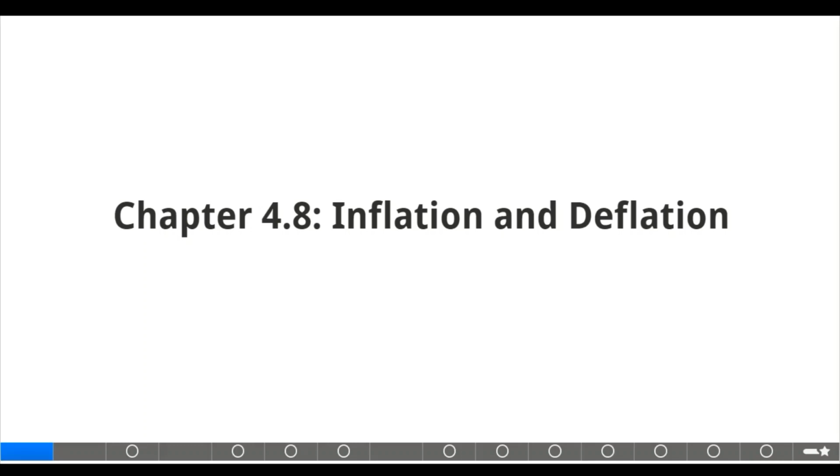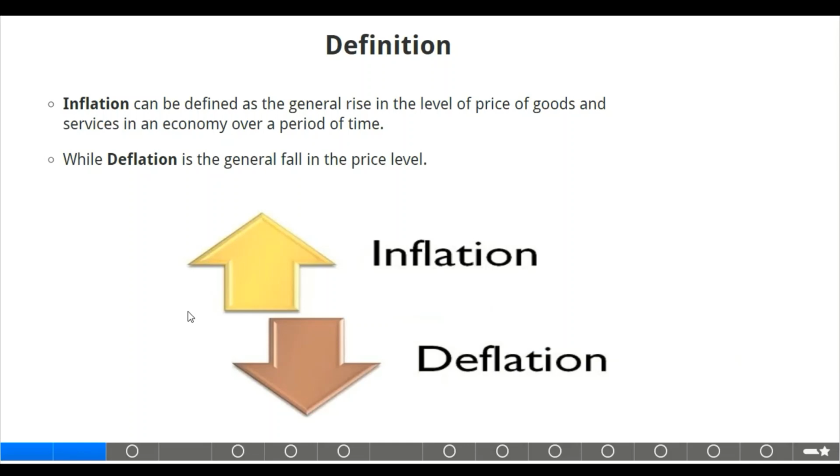Today we'll be discussing inflation and deflation. That is the concept of inflation and the concept of deflation. In our first slide, we have the definition for both inflation and deflation.